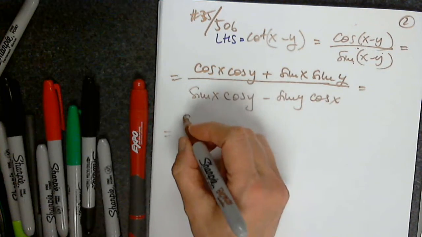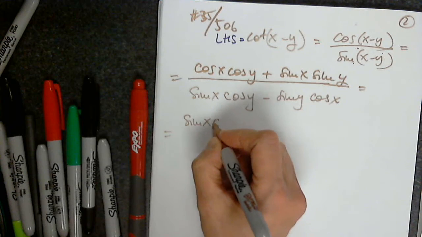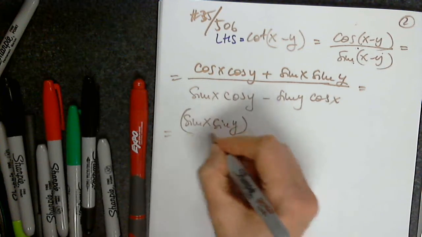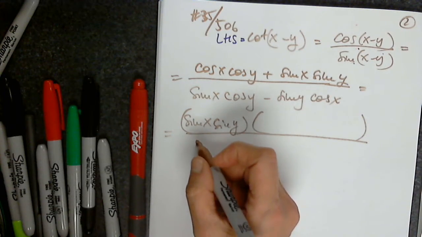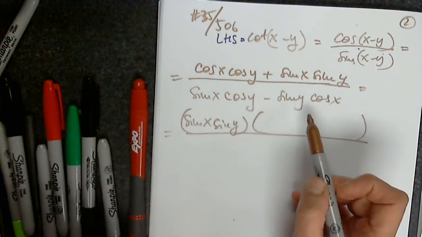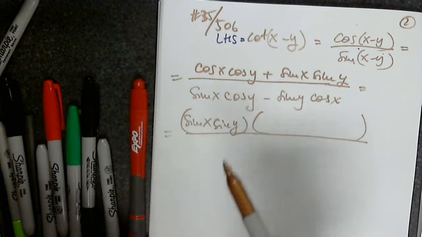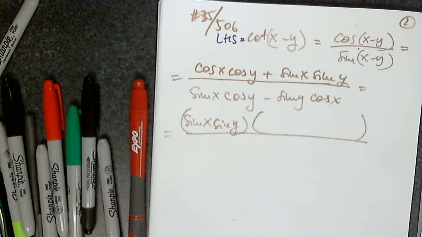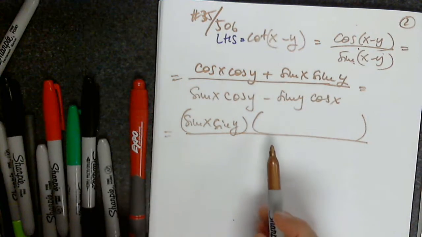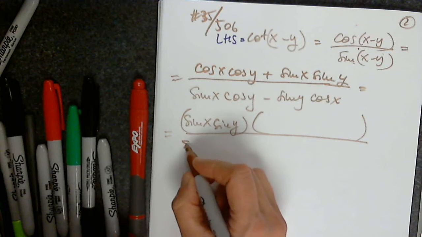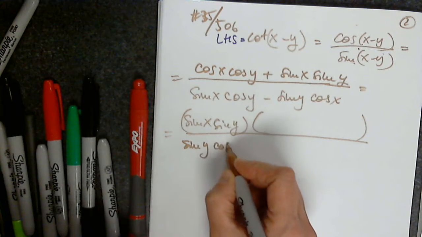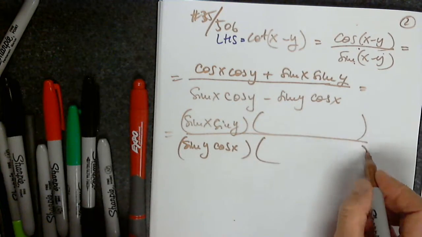Okay, and now I was forced to go on this route. So I will factor out sine x sine y from the top, and the denominator on the right-hand side is cotangent x cotangent y. And here I will factor out sine y cosine x.